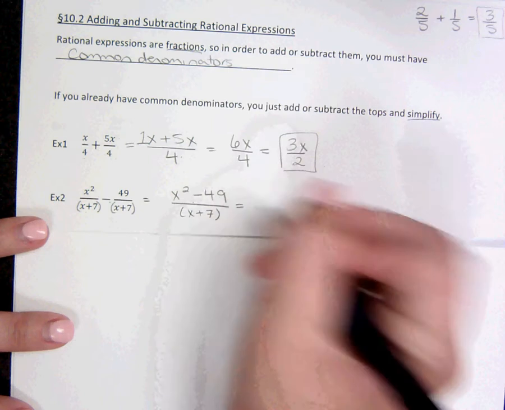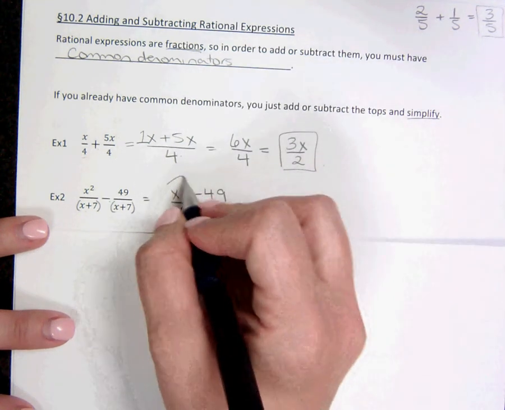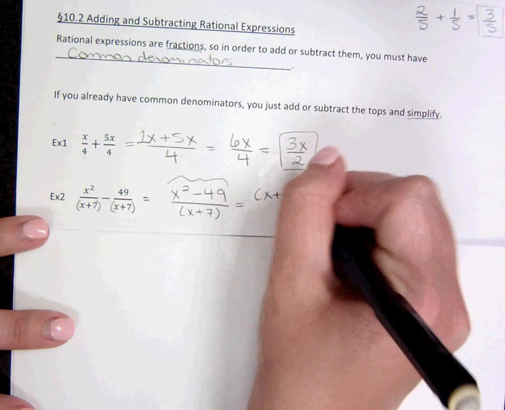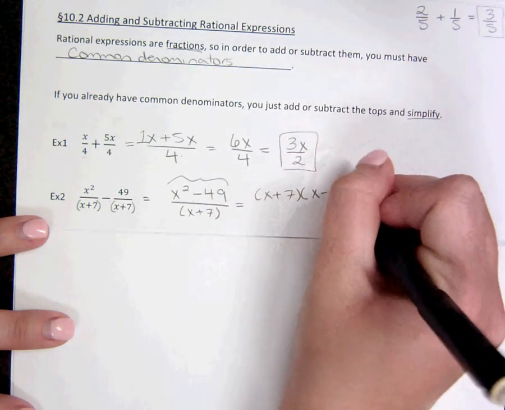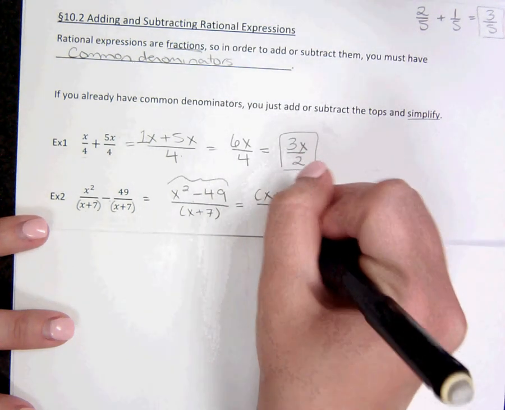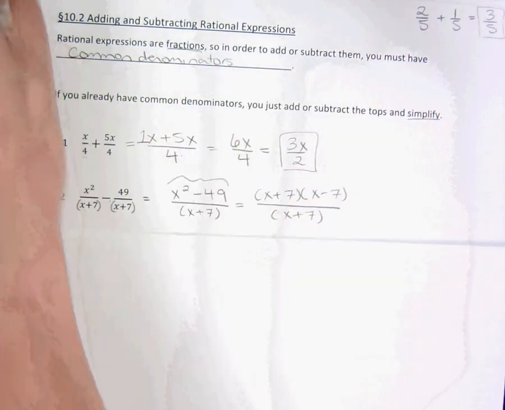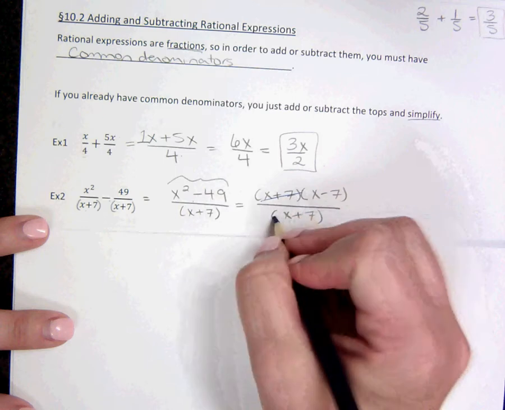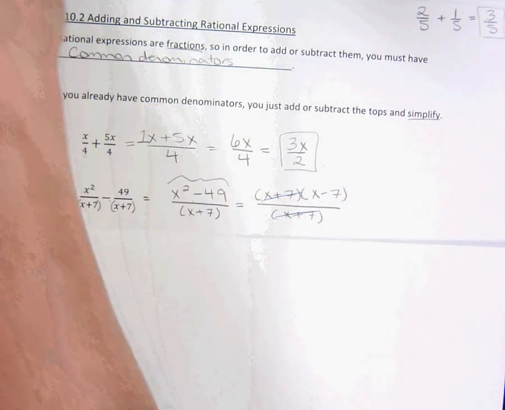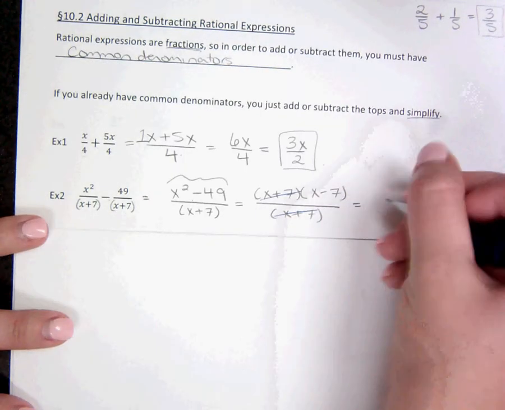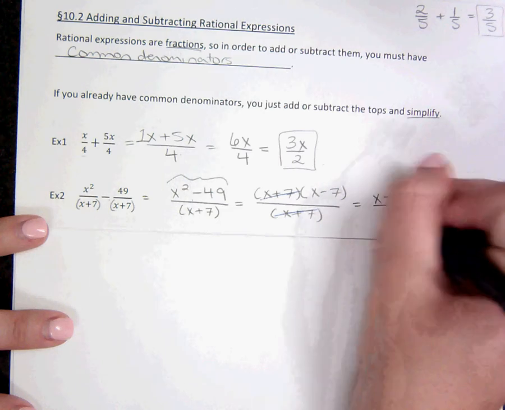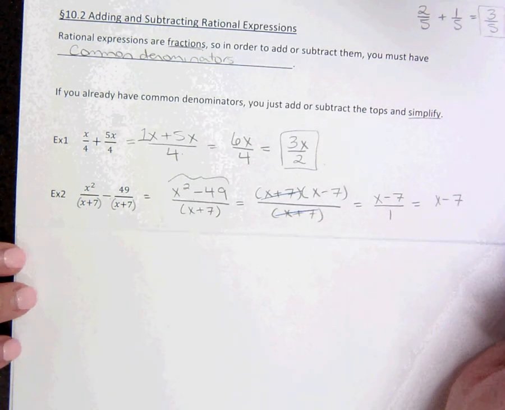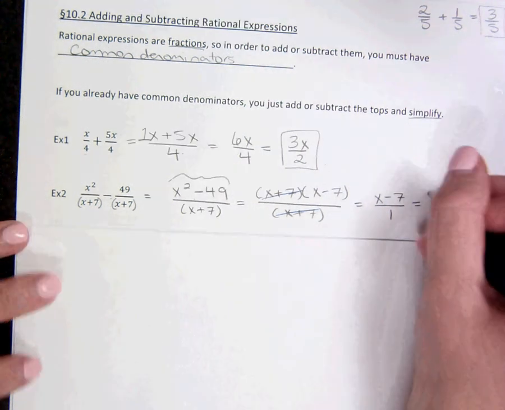And factoring always sneaks into these, so this here is a difference of squares, so it's going to be x plus 7, x minus 7, over the common denominator, x plus 7. And just like we saw with simplifying, if we have matching binomials, we can cancel them out for a final answer of x minus 7 over 1, or we can just leave that simply x minus 7.